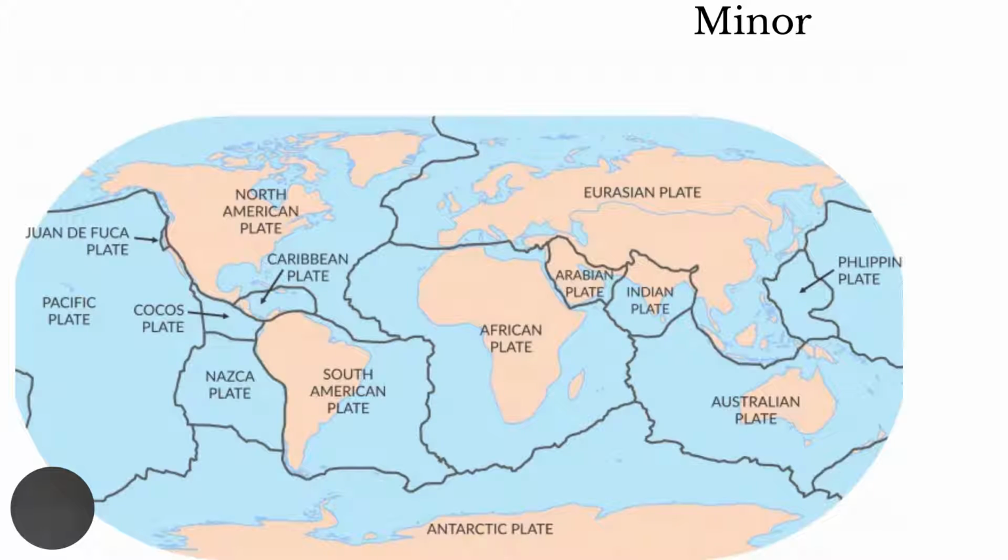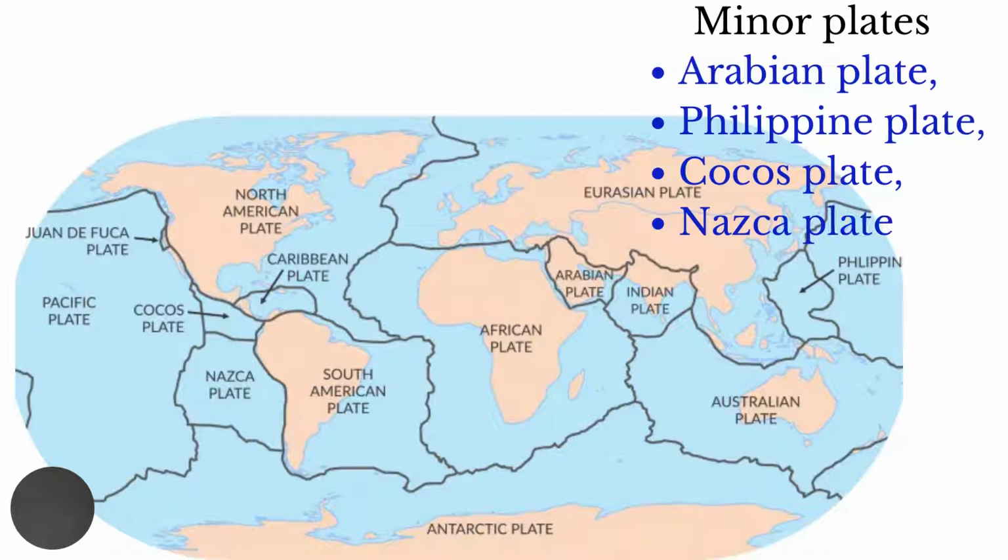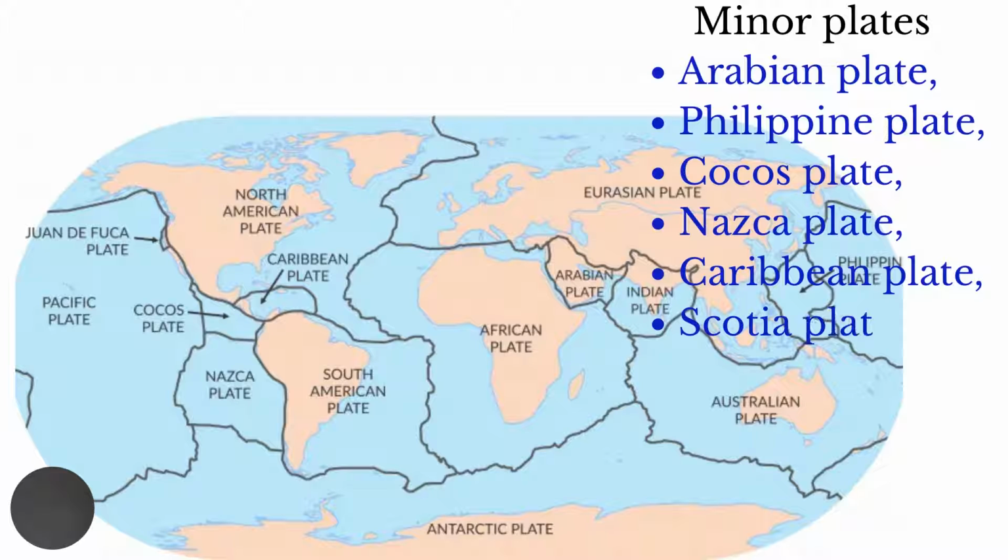Besides these, there are some minor plates also. Some of these minor plates include Arabian plate, Philippine plate, Cocos plate, Nazca plate, Caribbean plate, and Scotia plate.